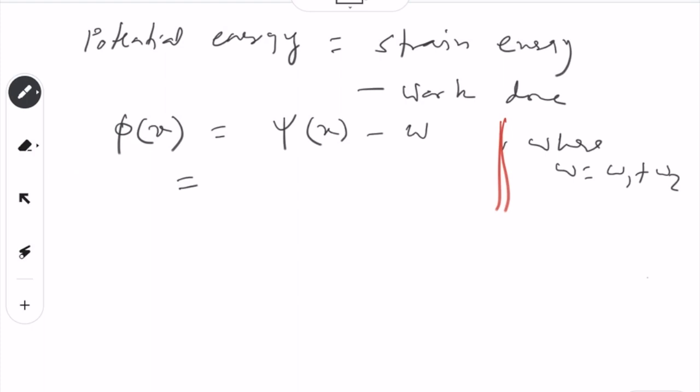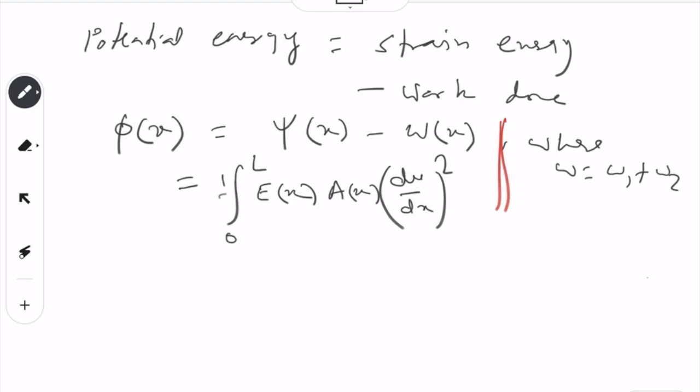W can also be a function of x. So we write it like this, where we have psi x, which we have found out: integral from 0 to L of half E x A x times du over dx squared dx. Then we have minus W1.